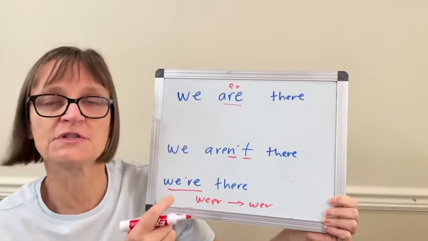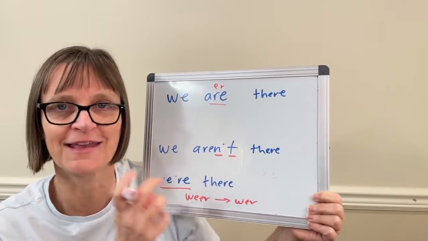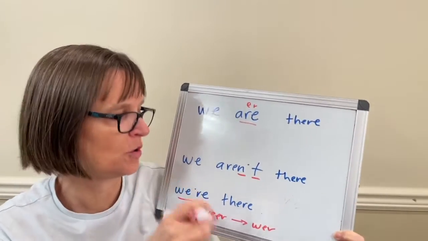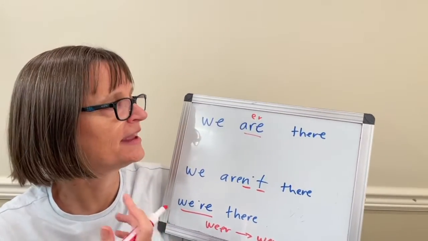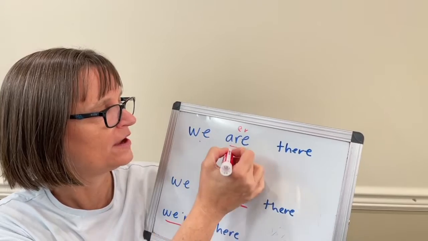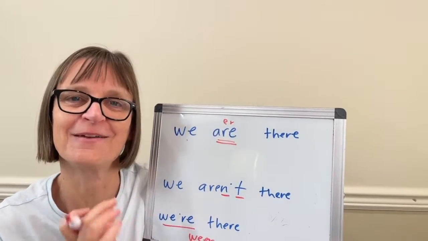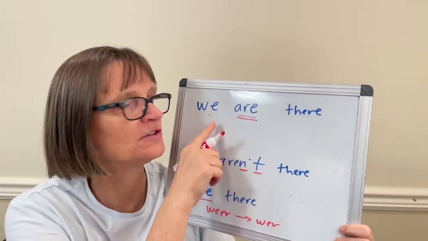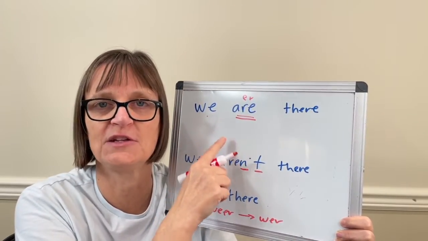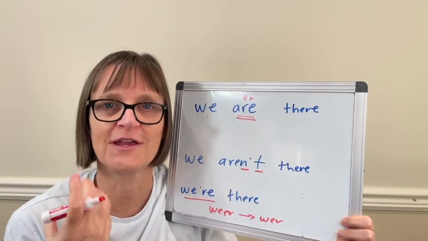So most of the time the R can get reduced or it gets contracted, we're there, etc. Unless I'm saying we are and I'm stressing on it, then I'm going to have my full R sound. Otherwise it's often reduced. So you're not going to hear in real connected speech we are there. You won't hear that R.